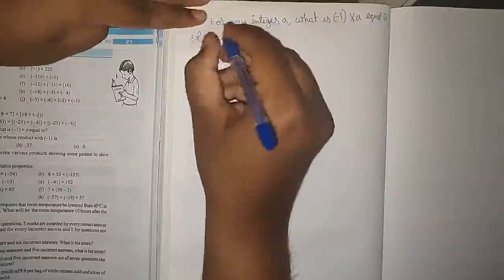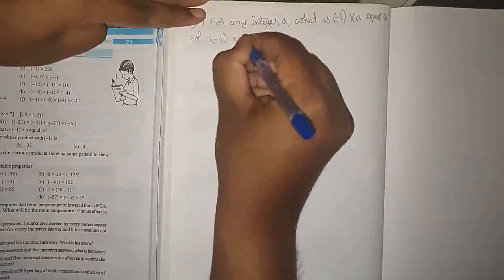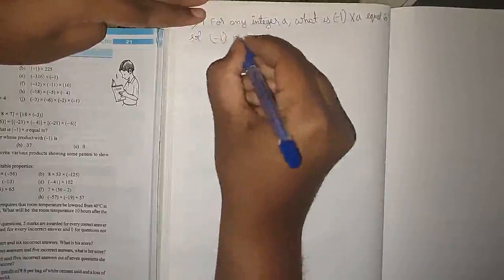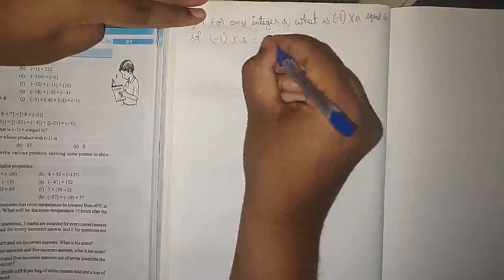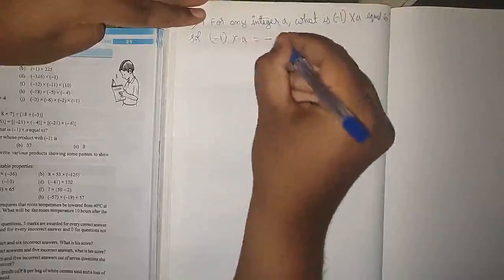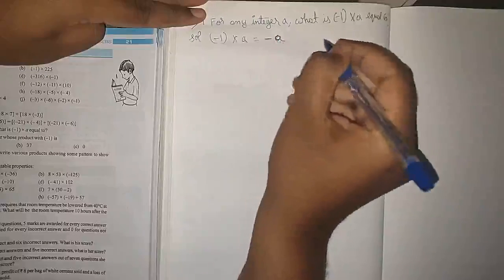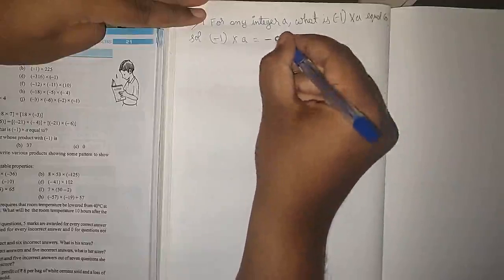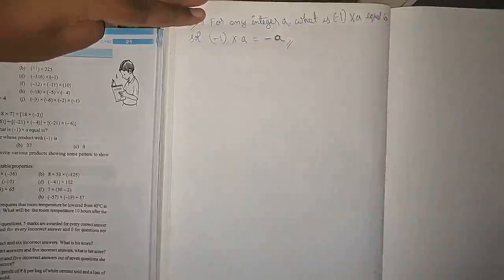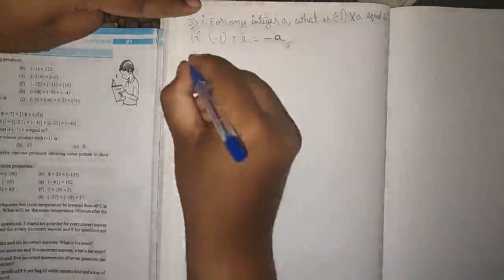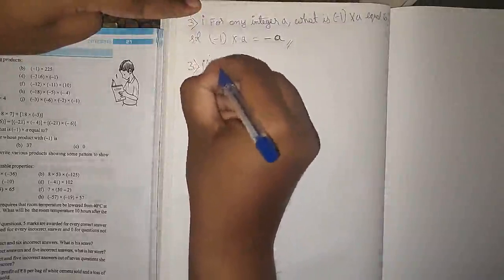Solution will be C. Minus 1 into a equals to, minus here plus is there, minus into plus will be minus. 1 into any number is the number itself, that is a. Okay, so answer is minus a.